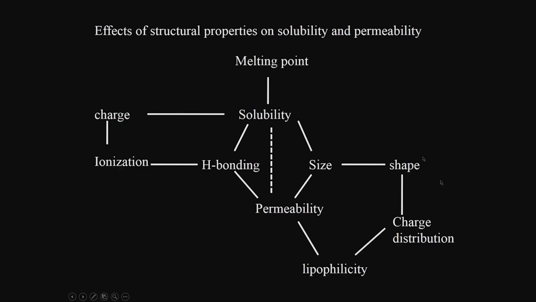There are many structural features of the drug that determine solubility and permeability. Solubility is the first step, where the drug gets completely dissolved in the stomach fluid, and then it crosses the lipid barrier and permeabilizes and reaches the bloodstream. So, many parameters matter. We are going to look at some of them as we go along.